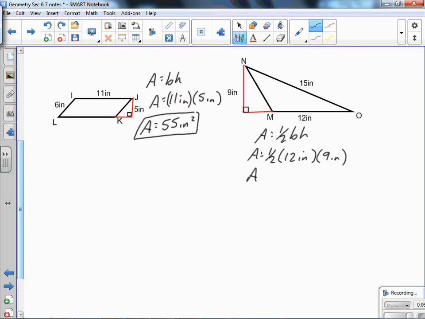So our area is 1/2 of 12, which would be 6, and 6 times 9 is 54 inches squared.